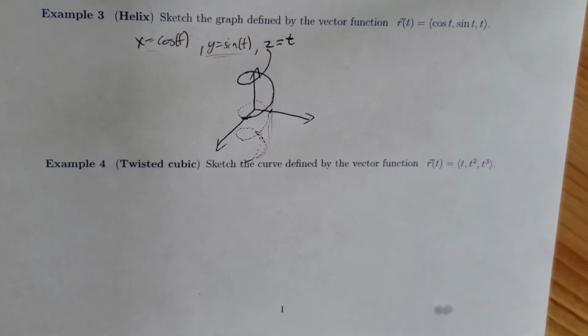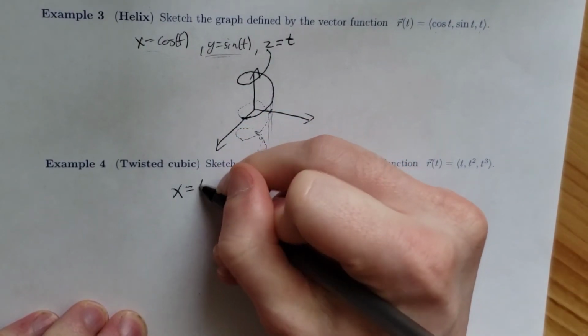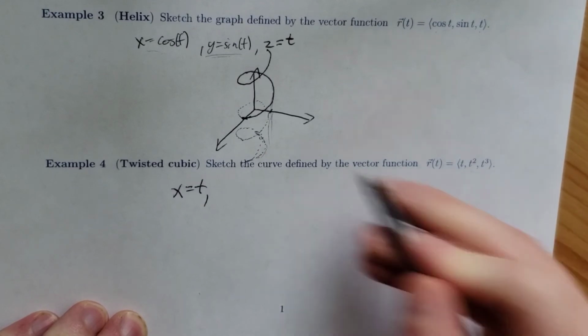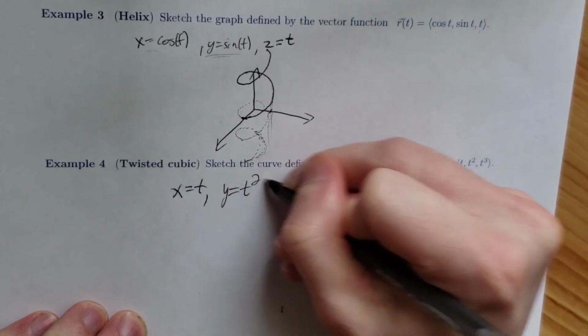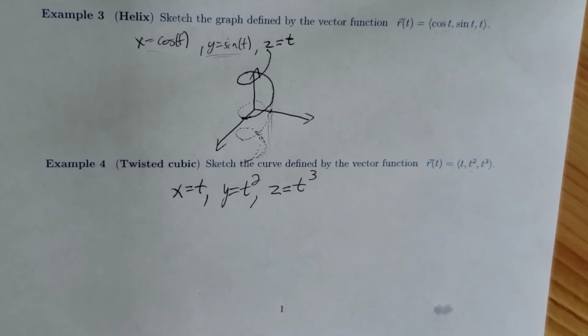But really what we want to do is get an idea of how to describe this so we can see what's going on in our head, but also be able to describe algebraically what's going on. First, we have x is equal to t here, y is equal to t squared, and z is equal to t cubed.